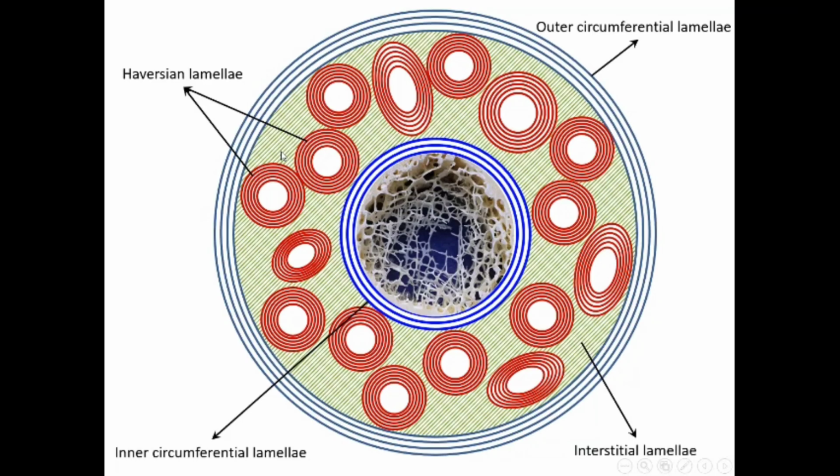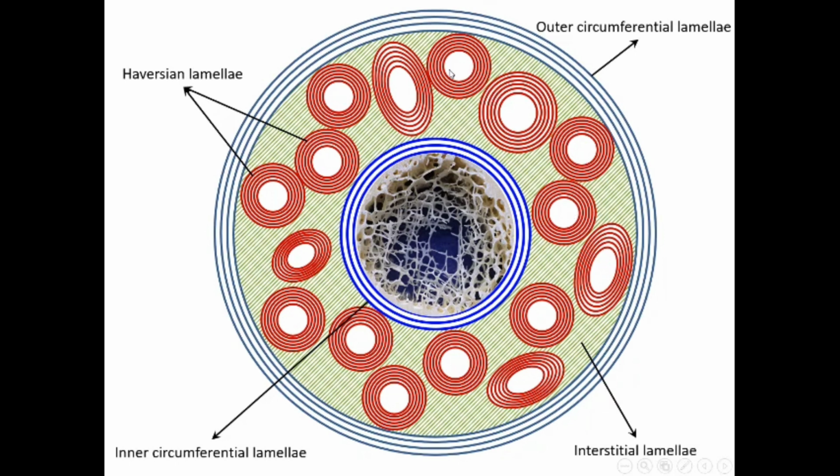In this slide you can see the names of these 4 types of lamella. In the outer parts, we usually have several layers of bone called outer circumferential lamella. Around the marrow cavity you can see inner circumferential lamella. Usually we have a very thin layer, or a small number of these layers, around the marrow cavity.